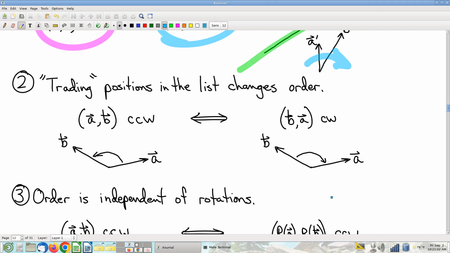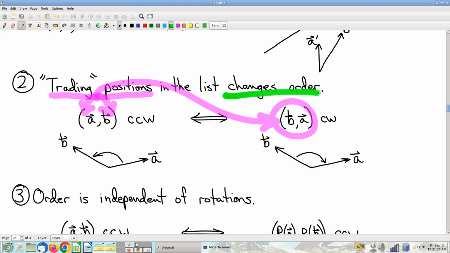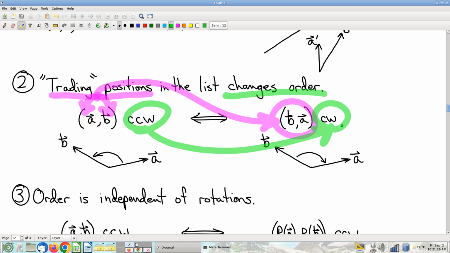I'll also notice that if you trade the positions of the two vectors, so if you put the A where the B was, put the B where the A was, like so, this is what we call trading the positions of the vectors, then that changes the ordering. In other words, what had been counterclockwise turns into clockwise.